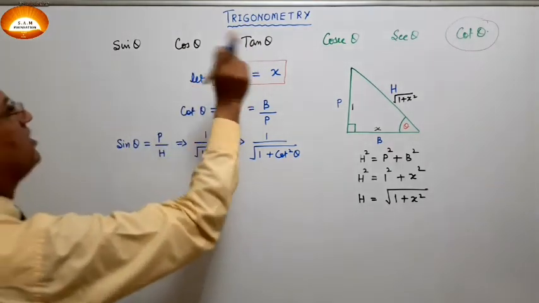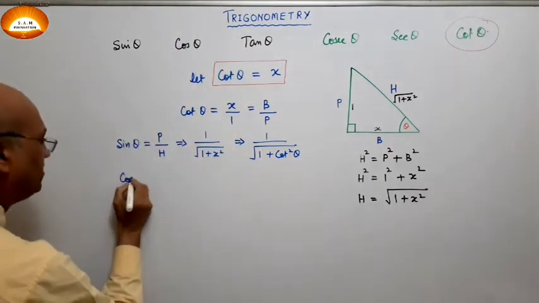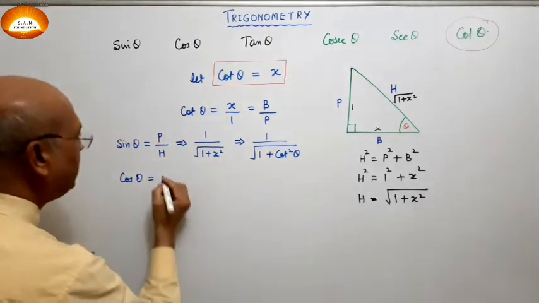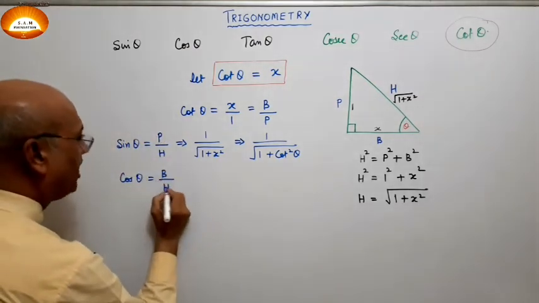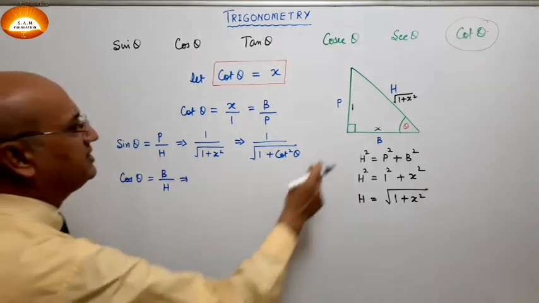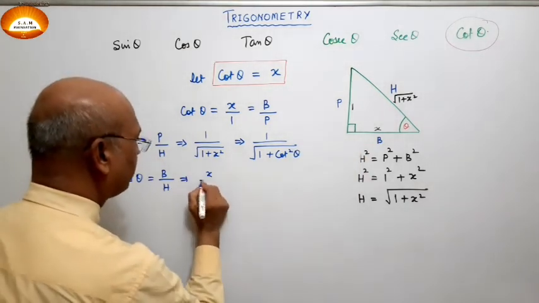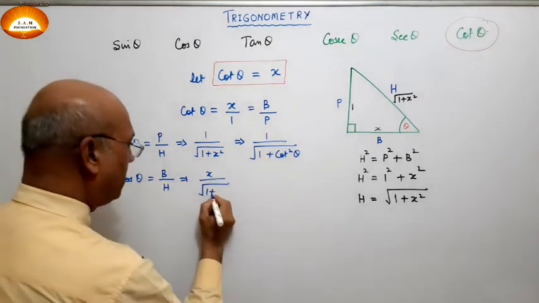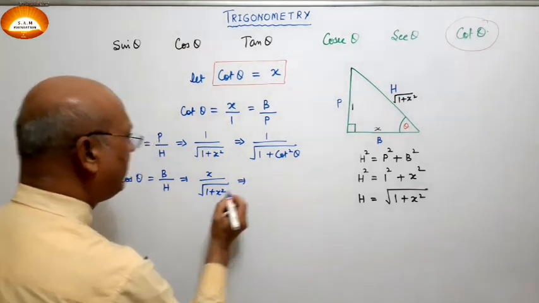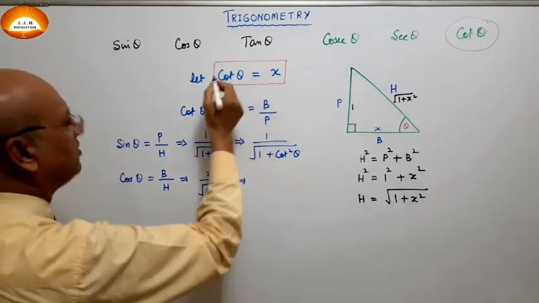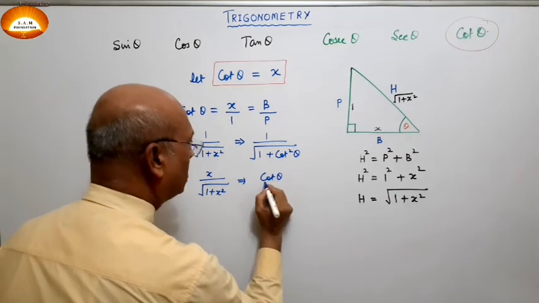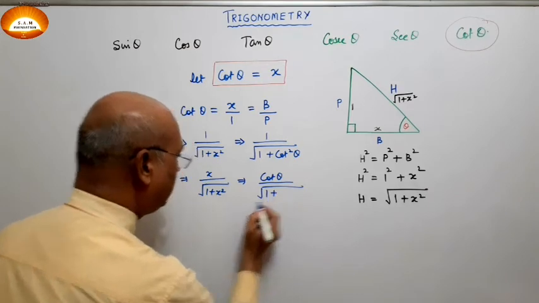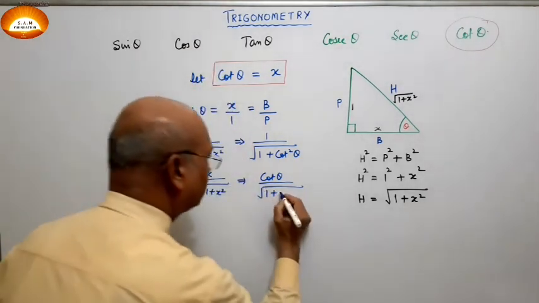Now same is the case for cos theta. Cos theta will be what? Base upon hypotenuse. So what is base here? Base is x. And what is hypotenuse? Under root 1 plus x square. Now put the values of x. X is what? Cot theta. Cot theta upon under root 1 plus x square, which will be cot square theta.